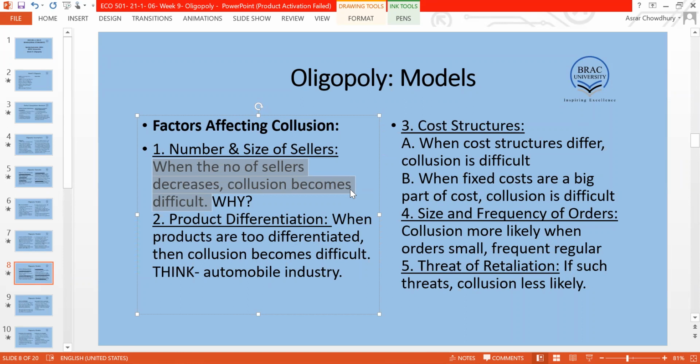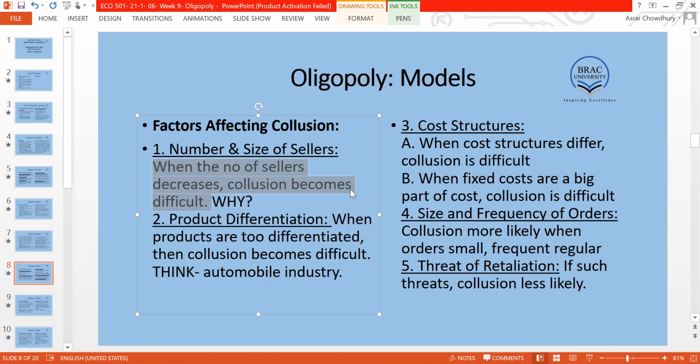Why? Products are too differentiated. No, products may be homogeneous as well. They cannot meet the demand of customers. Sir, because of threat of entry. Threat of retaliation. Yes, sir, threat of retaliation.